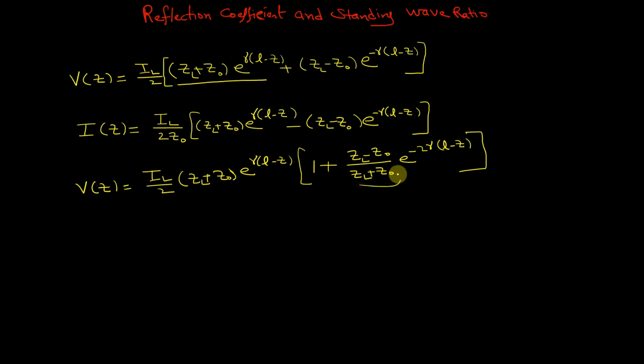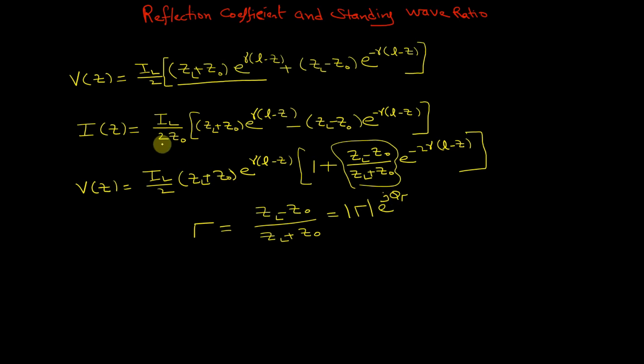This complete term can be replaced by gamma, and this gamma is equal to (Z_L minus Z_0) divided by (Z_L plus Z_0), which is equal to mod gamma e^(jθ). This is the voltage reflection coefficient.